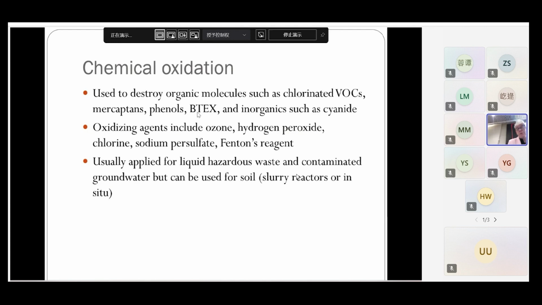So you could also do chemical oxidation for organic contaminants. Things like ozone, peroxide, chlorines, Fenton agents could be used. So this can be done either in situ or ex situ. You could directly inject these types of solutions into the soil, or you could excavate the soil and do these treatments the other way.